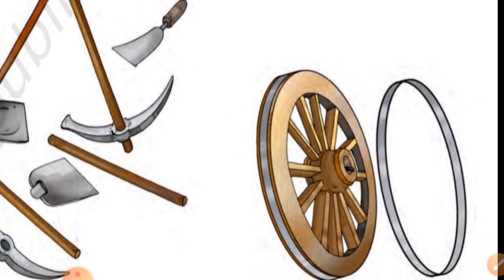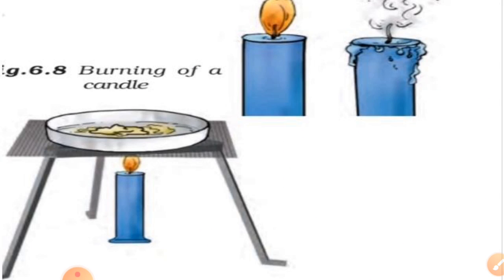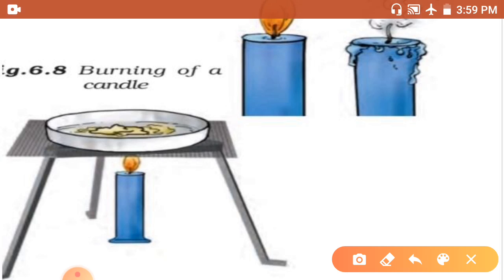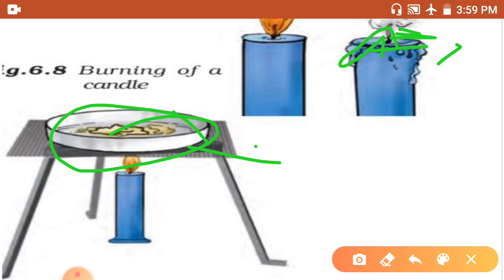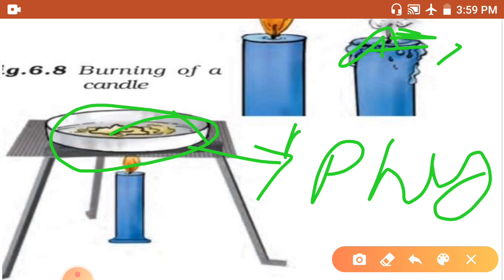Okay, so next, this is an example, many times we learn about wax, right? By giving heat, you can see here, the candle shape will be changed. And here also, when we burn the candle, the thread shape will be changed, and it will be a chemical change, and here is the physical change, and it is non-periodic, right?